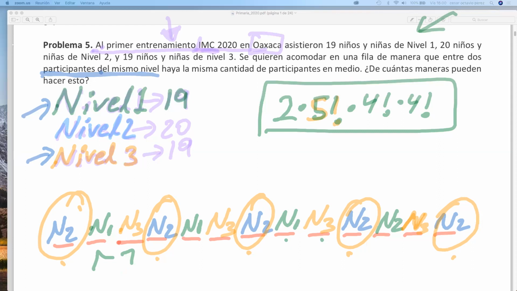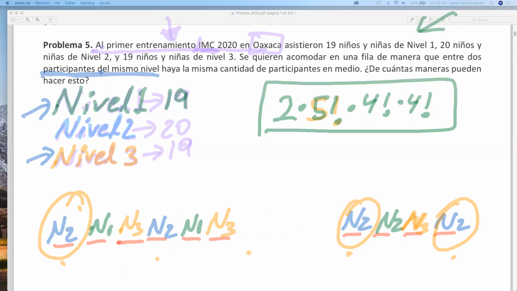If we have more students, in this case, we have 20 students from level 2, we only need to change this by 3 points. This means etc., etc., etc. Sí. Okay? So what will be the answer in this case?